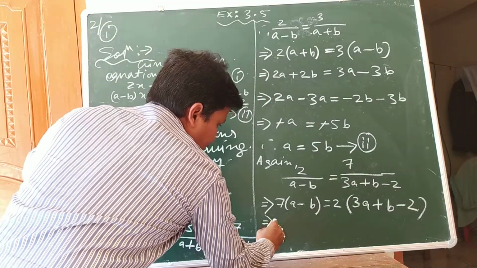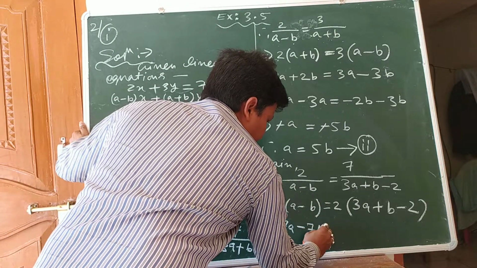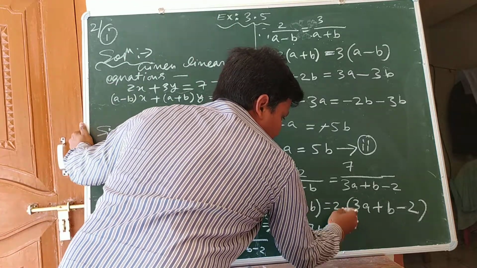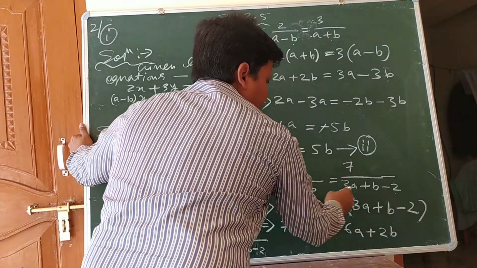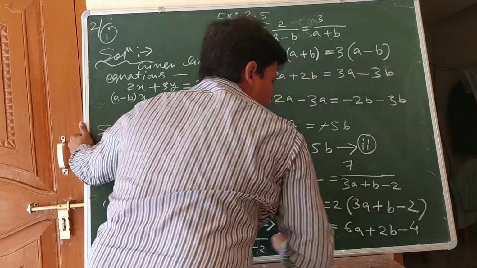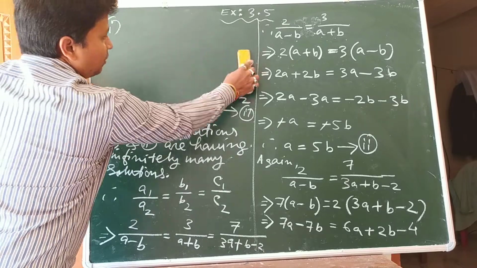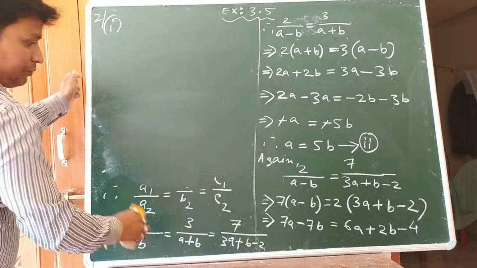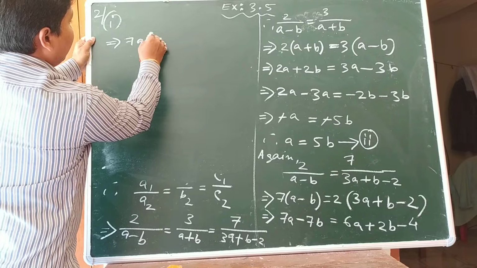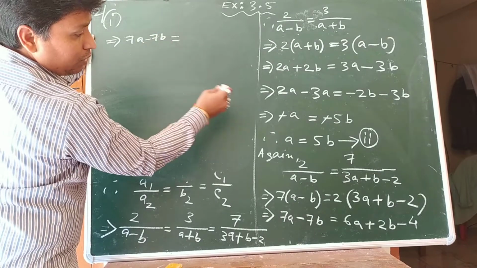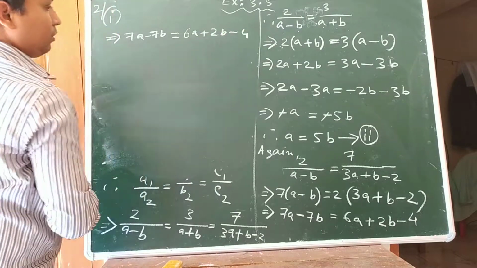Now we multiply: 7 into a, 7a, 7 into b, minus 7b, equal to 2 threes are 6a, twice b, and 2 twos are 4 minus. So 7a minus 7b equal to 6a plus 2b minus 4.